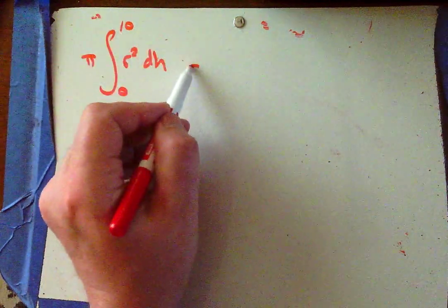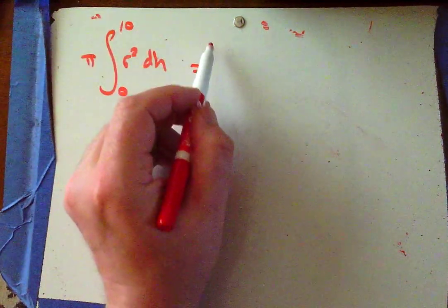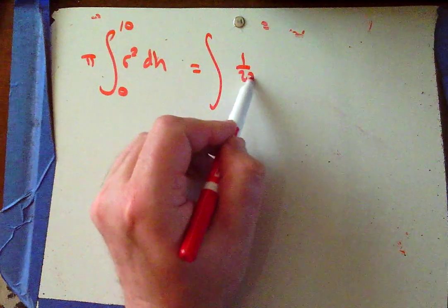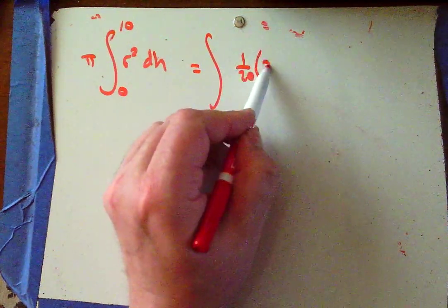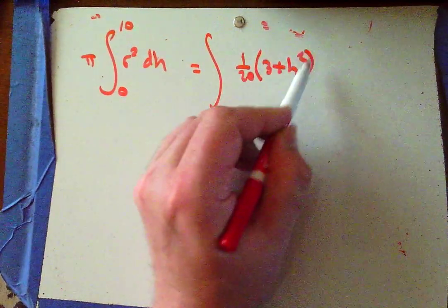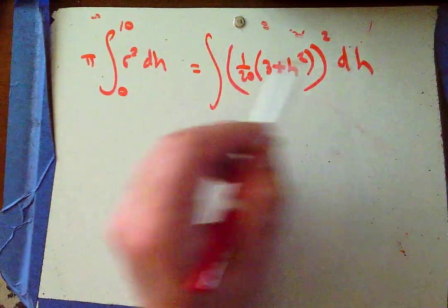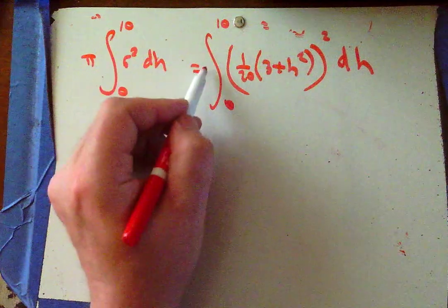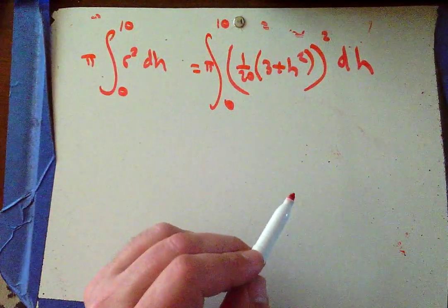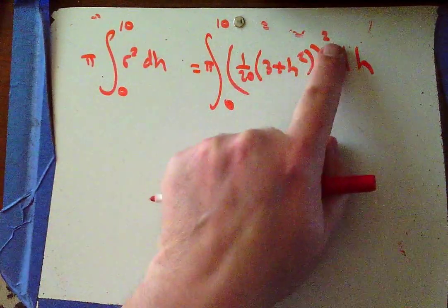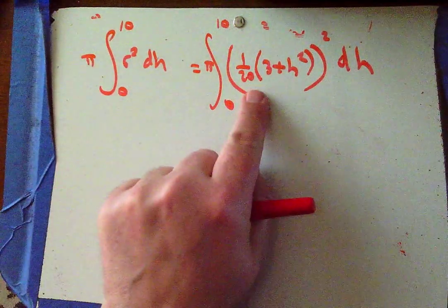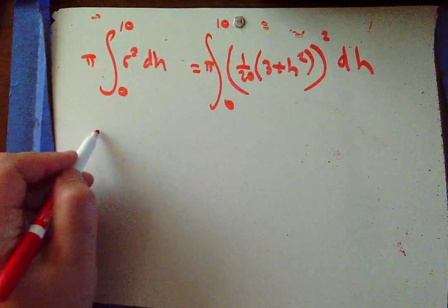Okay, so that's going to give me 1 over 20, 3 plus h squared, squared dh from 0 to 10. All right, that's a constant. I'm going to pull that out. Don't forget 20 squared is 400.